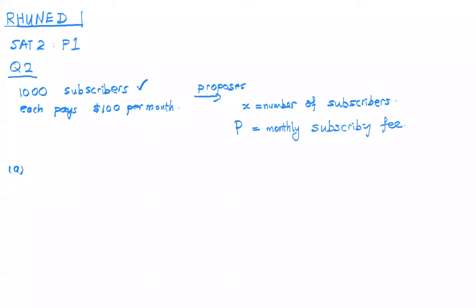So the maximum value of X is 1,000, and the minimum is 0 subscribers. So if for part A you give me this answer, that will be correct. Any further question on this? Okay, we are done with part A, so let's go to part B.